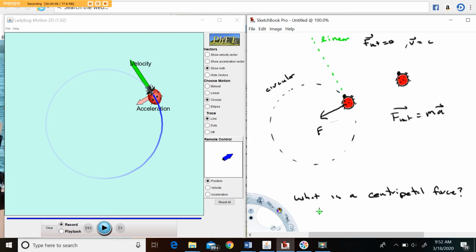Now, to answer the question, what is a centripetal force? Well, there's a couple ways to answer that. Here's one answer: it's any force that results in a centripetal acceleration. Another possible answer: it's forces that are at a right angle to your velocity vector, which cause the velocity vector to change direction.